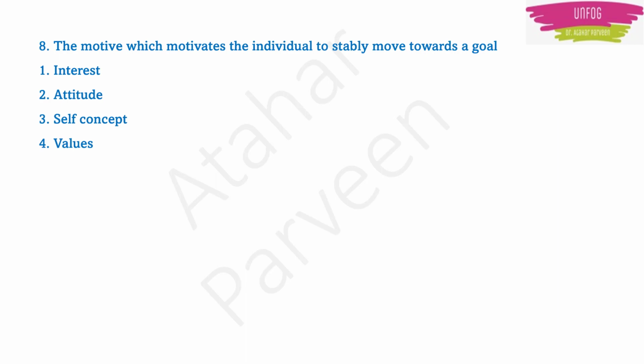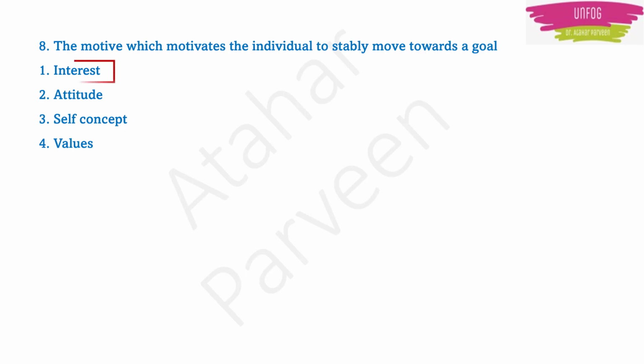Next question. The motive which motivates the individual to stably move towards a goal. Options are interest, attitude, self-concept, values. I think all the four options are motivating only, right? But among those, which is the one which is really more motivating?